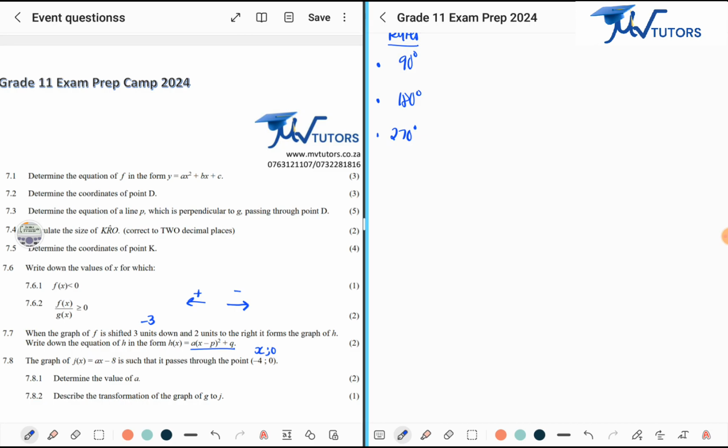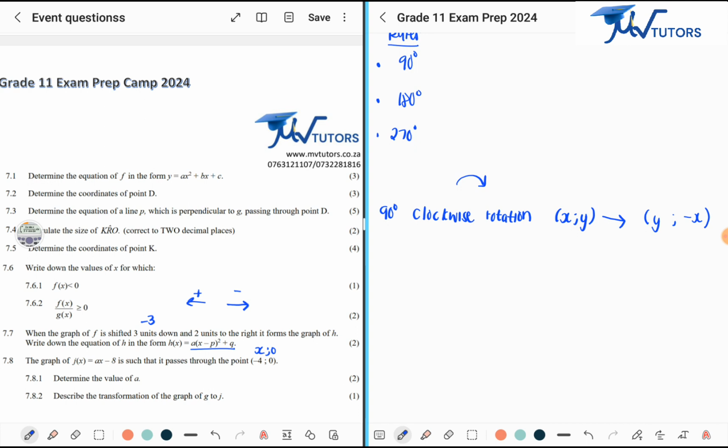So what are the rules pertaining to 90 degrees clockwise rotation? What do you do there? Okay, so let's say you have your x and y coordinate. The rule for clockwise, remember clockwise is this way: you swap the y and the x, but in this case, the x gets a negative.